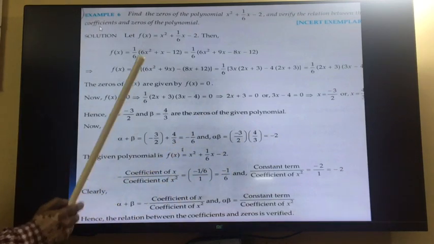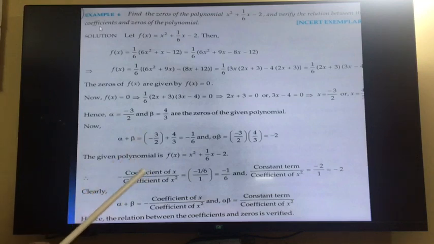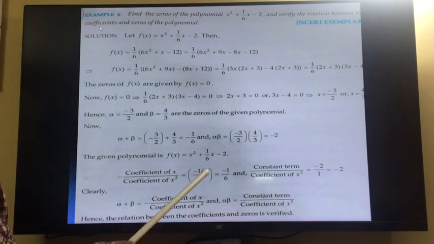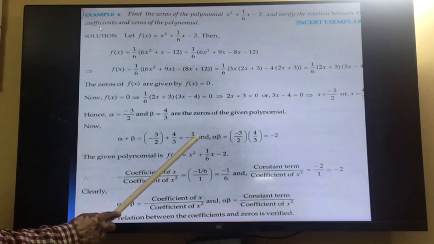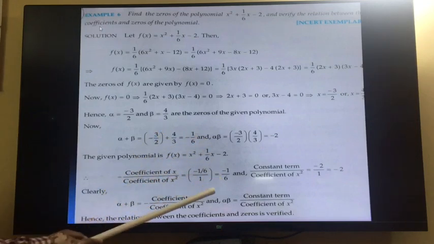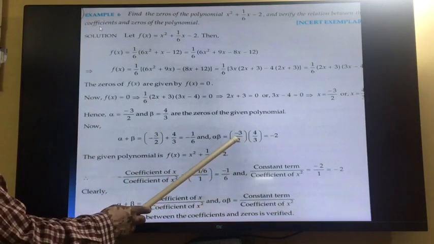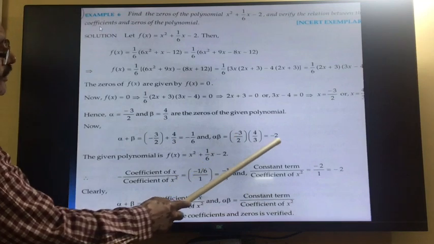Now you will find out by this formula, sum of the zeros is minus coefficient of x upon coefficient of x square. So minus coefficient of x is 1 by 6 upon 1. So this is equal to minus 1 by 6. So this value and this value is same, it means sum of the zeros is verified. Now you will verify the product of the zeros. Product of the zeros is minus 2.